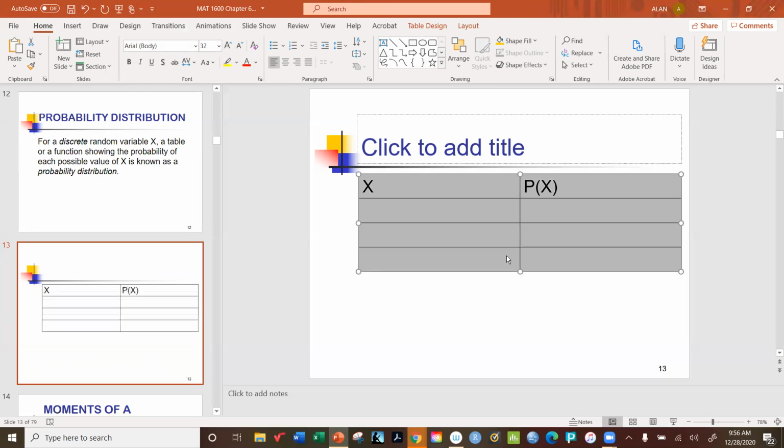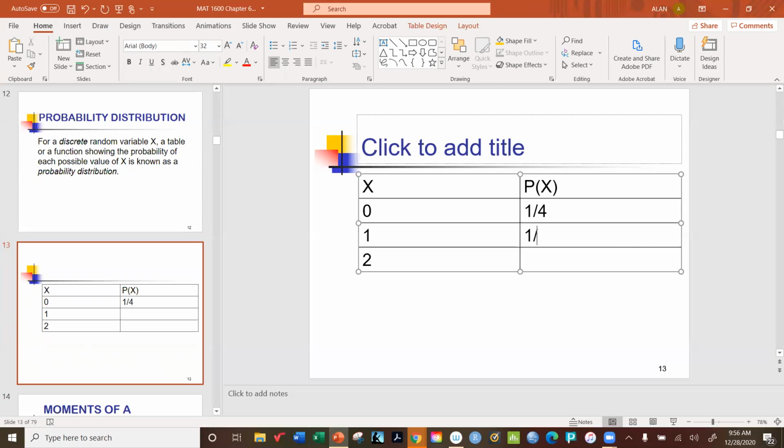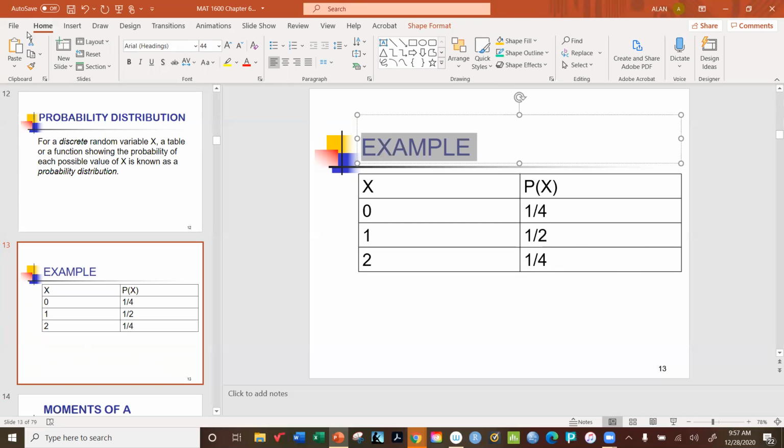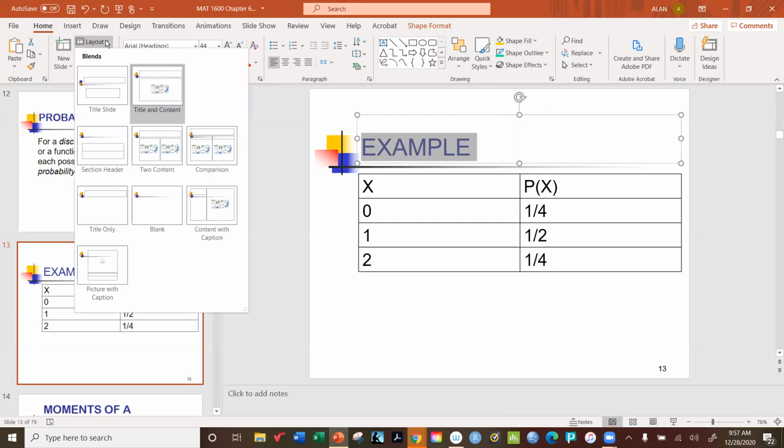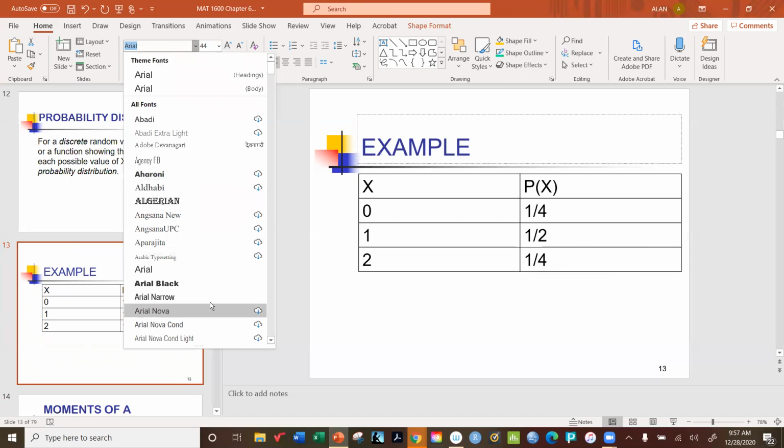Now, we've already done this. I just want to put it together in one place. 0, 1, 2, if you recall, the probabilities are 1 quarter, 1/2, and 1 quarter. So in fact, this table is a probability distribution. It's a very simple one, but it is in fact what we mean by a probability distribution.